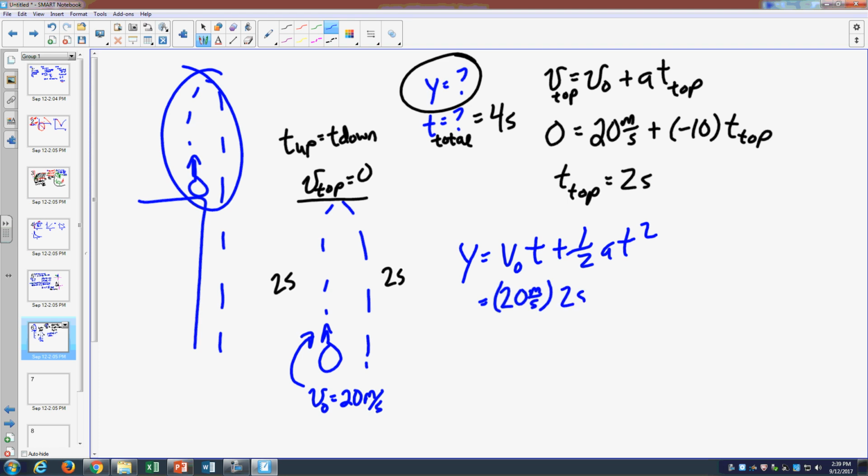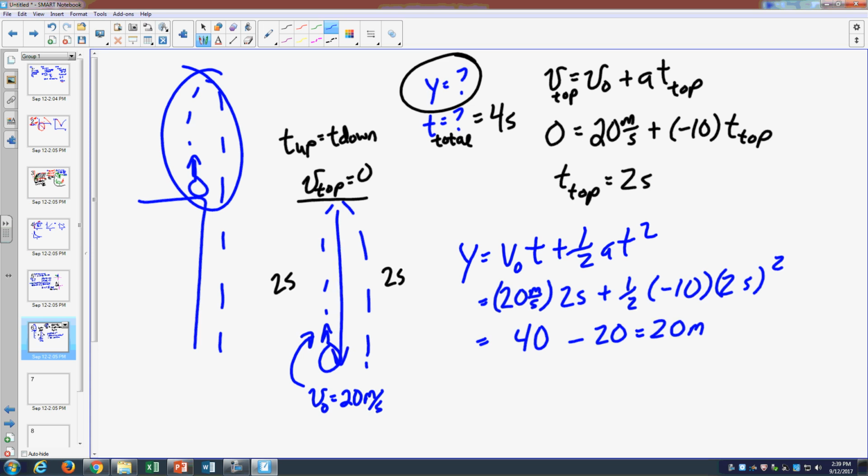Right, 2 seconds. Plus 1/2 times minus 10 times 2 seconds squared. That's 40 minus 20. It's 20 meters. So this thing goes up a distance of 20 meters. Those are 2 possible questions that I could ask you.